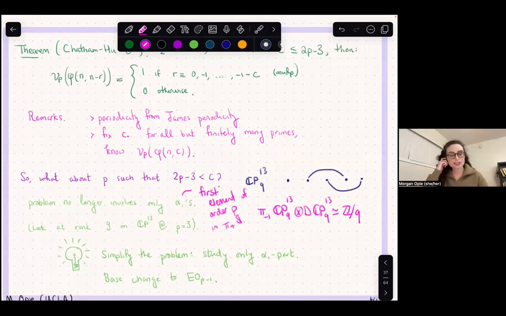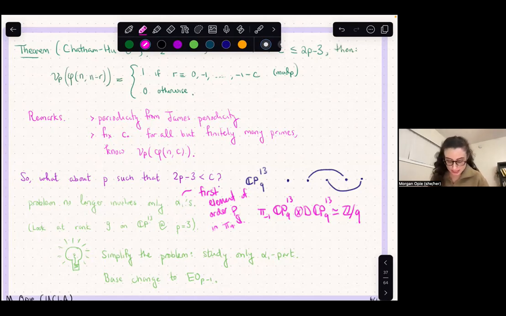So essentially the reason that we were able to do this analysis in full was because everything only involved alpha 1 up to co-rank 2p minus 3 at the prime p. So the basic idea is that we can simplify the problem and try to see what interesting bundles in higher co-rank arise just from alpha 1 attaching maps.